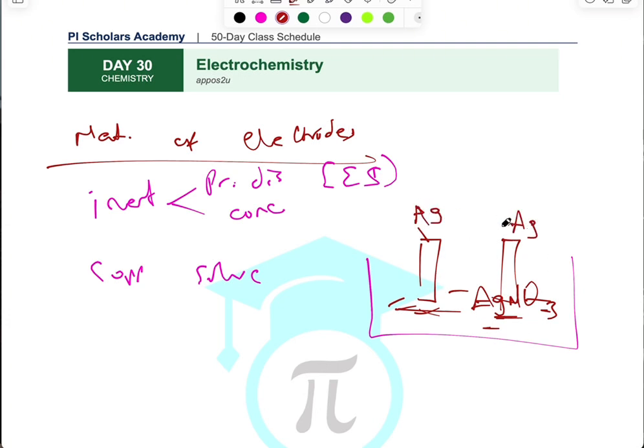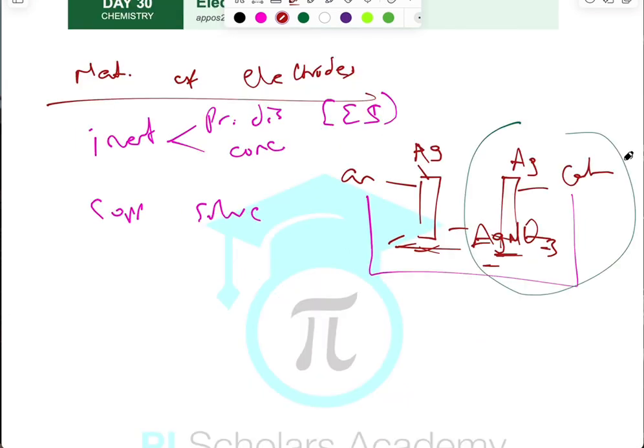So electrolysis of silver nitrate using silver electrodes. Of course, one of these is going to be your anode and the other your cathode. What is affected for this condition, that is the nature of the electrode, is going to be the anode. The cathode is not going to be affected. And from what you know, the ions that will move to the cathode will be Ag plus and H plus.